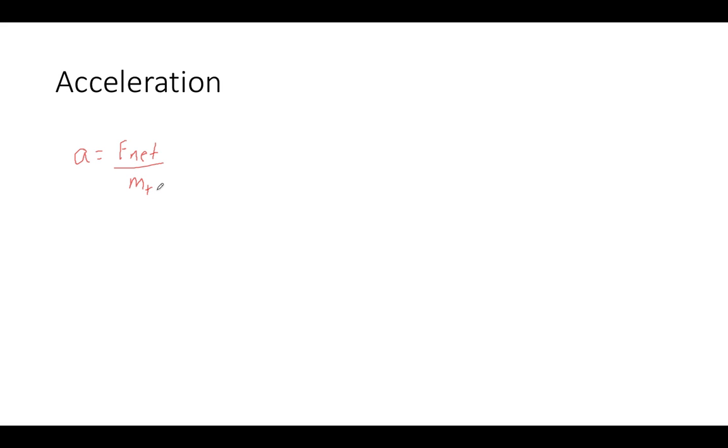So this mass is the total mass of both blocks added together because they are accelerating together. They're attached together, so they both have the same acceleration. So this net force is accelerating both of the masses. So we can add the masses together.